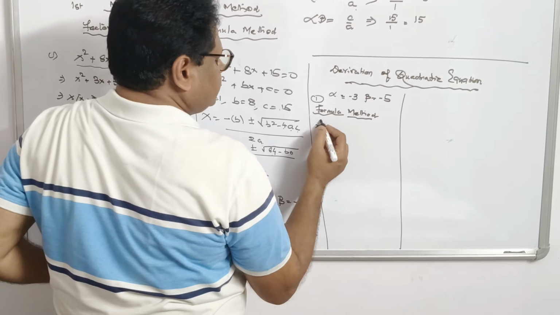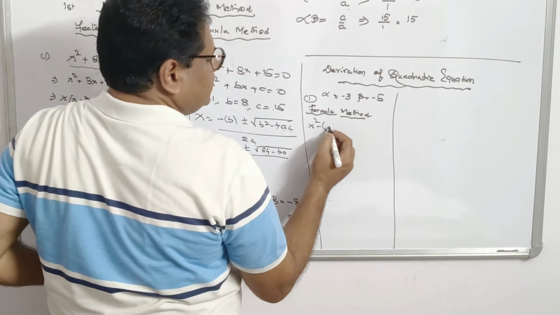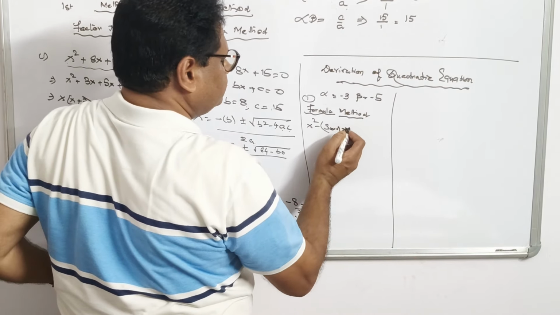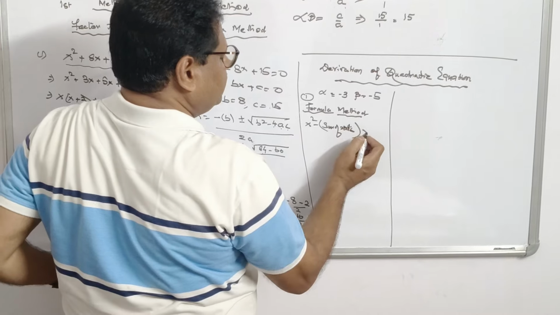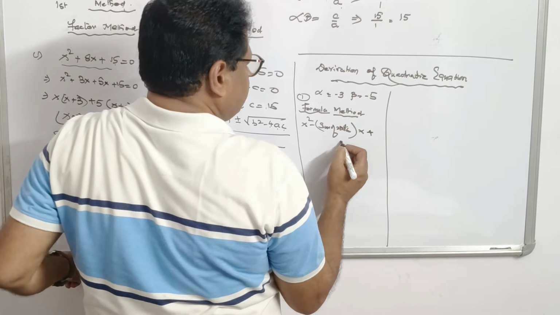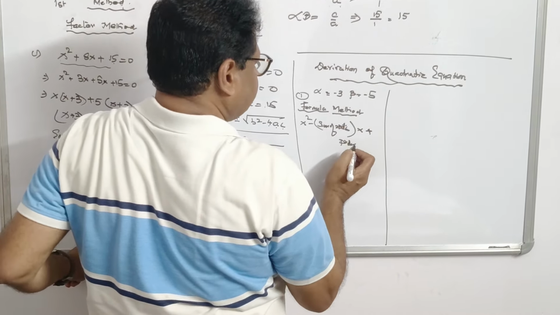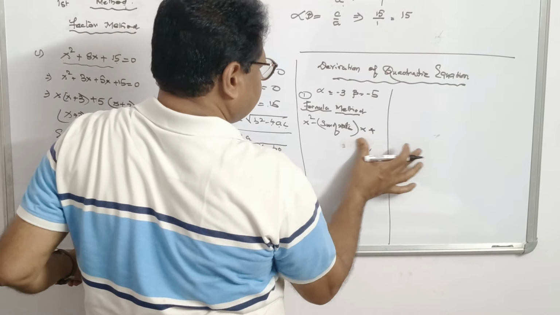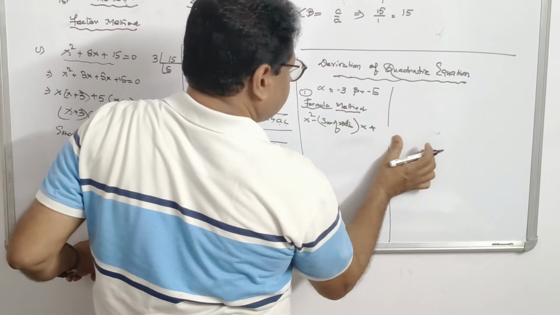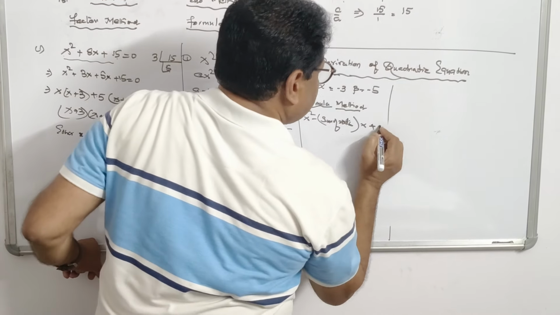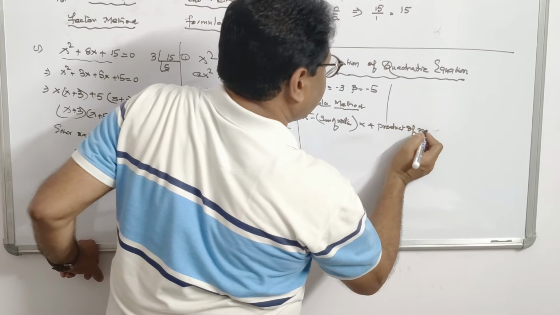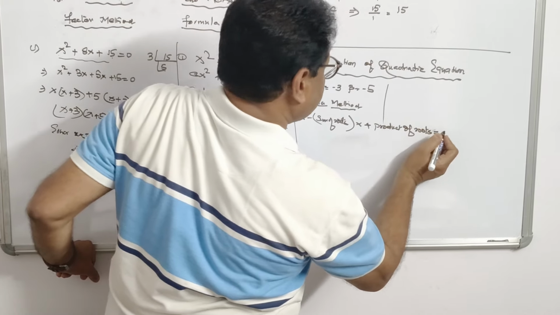We have the equation x square minus the sum of roots into x plus the product of roots equal to 0.